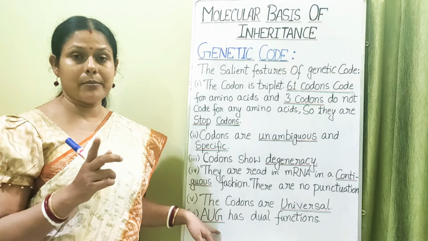So it is the start codon or the initiator codon, and it also codes for the amino acid methionine. But there is another codon also, that is GUG. Sometimes GUG also acts as an initiator codon.